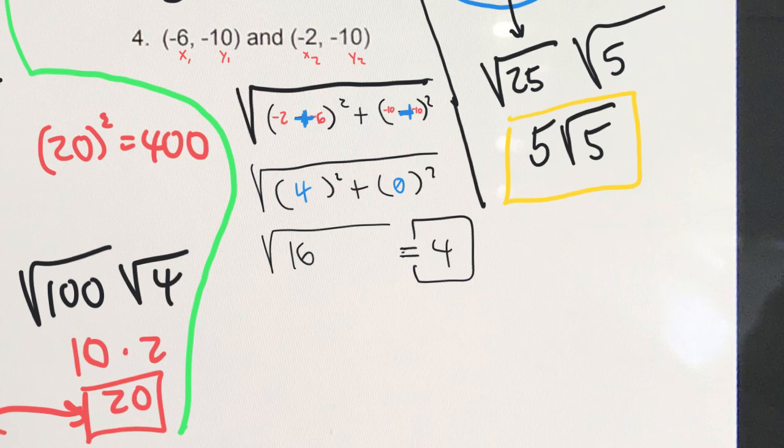Now, moving on to the slope. They want the slope as well. So the slope formula is going to be m equals y2 minus y1. Well, what's y2? That's negative 10, so it's going to be negative 10 minus y1. What's y1? y1 is also negative 10, so it's going to be negative 10 minus negative 10 up top.